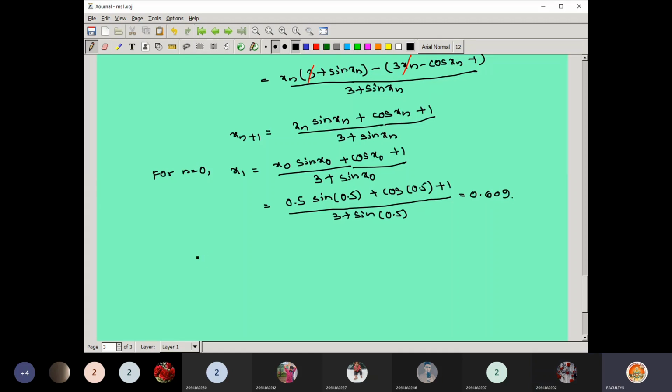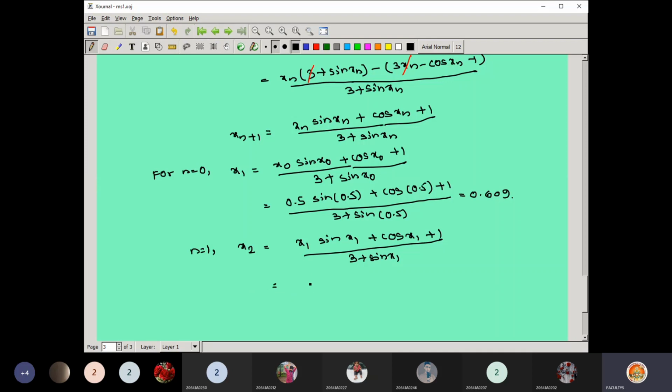Next you go to n equal to 1. So x2 equals x1 sin x1 plus cos x1 plus 1, total divided by 3 plus sin x1.